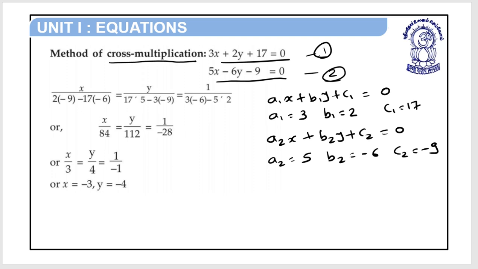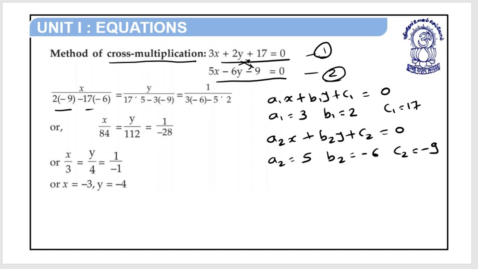So for x, the cross multiplication is 2 into minus 9 and minus 6 into 17.